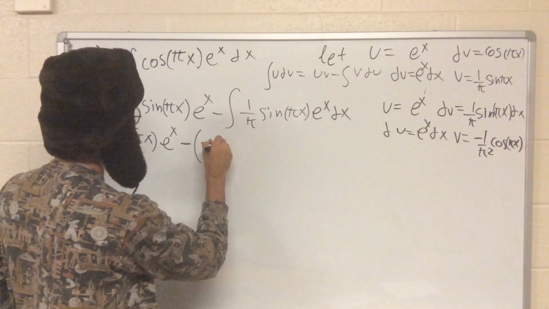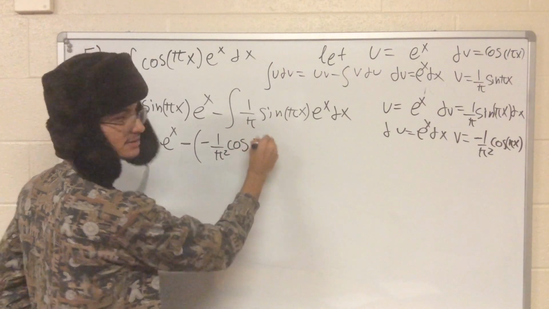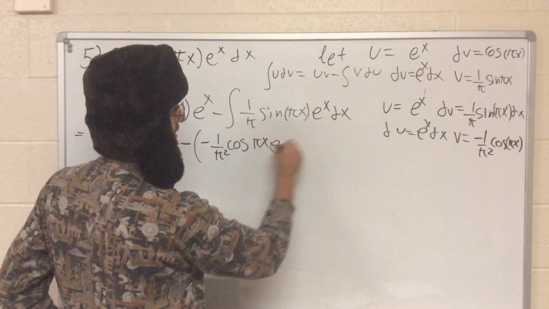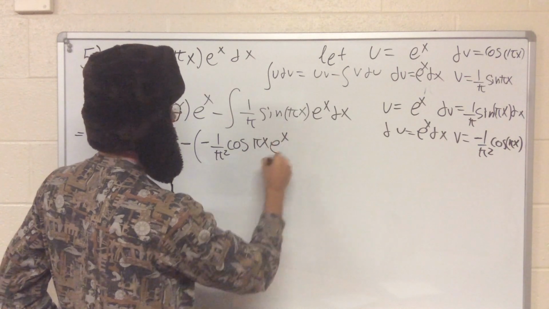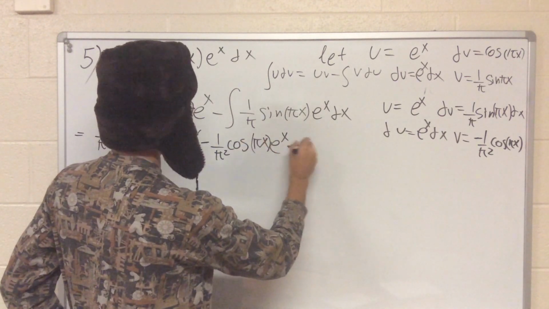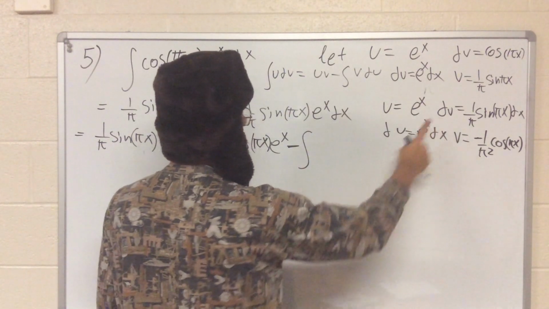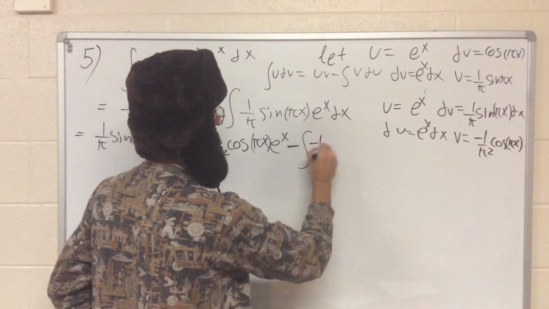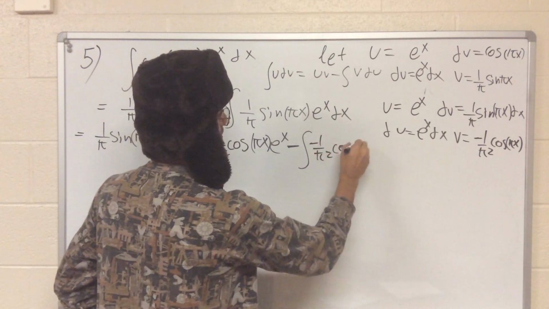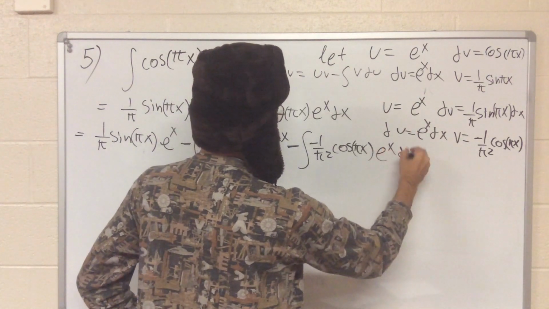So minus 1 over pi squared cosine of pi x multiplied by u, which will be e to the x. And then we're going to subtract the integral of v du. So v is this, du is this. So we're going to have minus 1 over pi squared cosine pi x, and then du is e to the x dx.